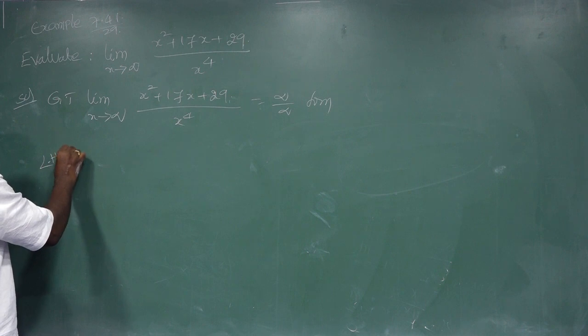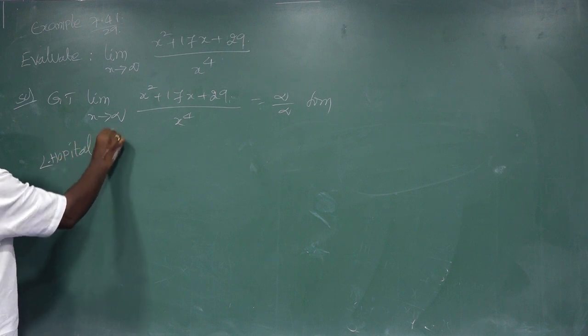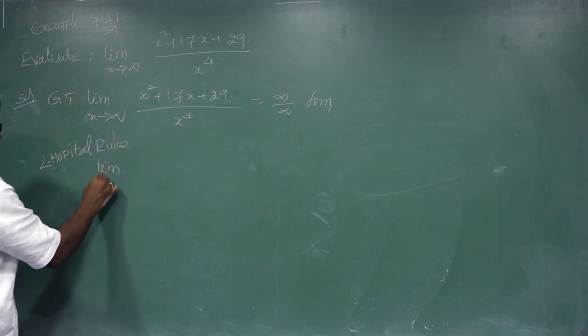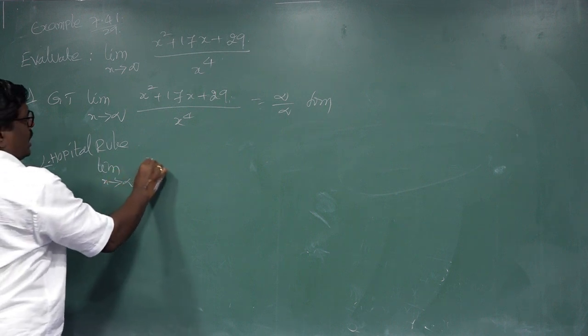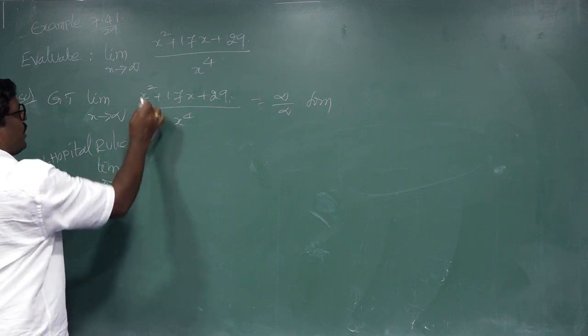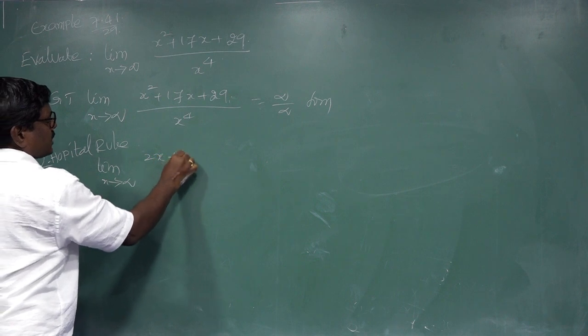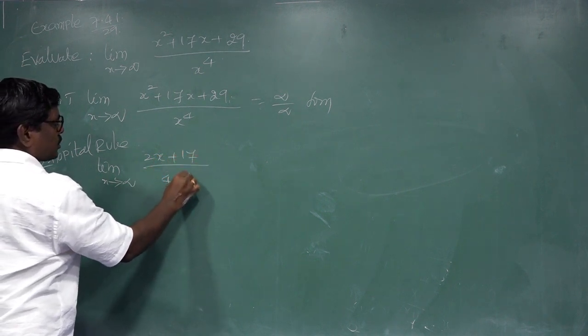By the L'Hospital rule, the limit as x tends to infinity of the derivative of x square, which is 2x, plus 17, by 4x cube.